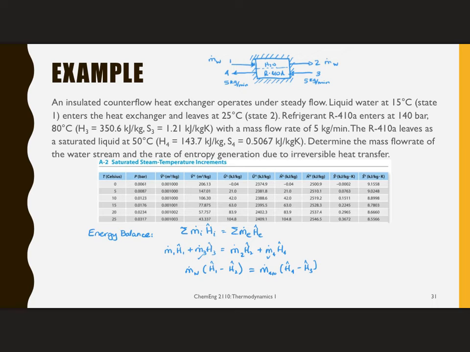Those properties will be very much the same. So at 15 degrees C, enthalpy of the liquid is going to be 63. The entropy of the liquid is going to be 0.2245 kilojoules per kilogram Kelvin. And as it exits, it's going to be 25 degrees C. So this is going to be my state 2 values.